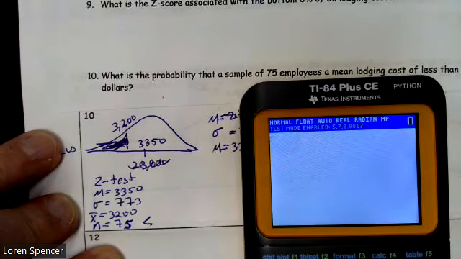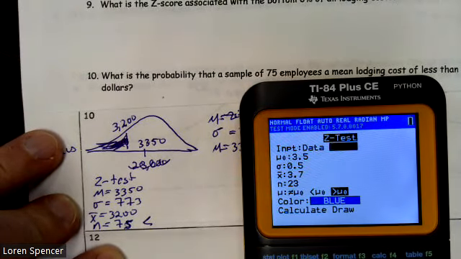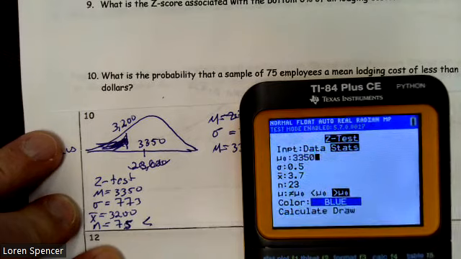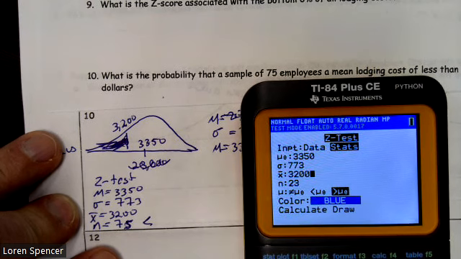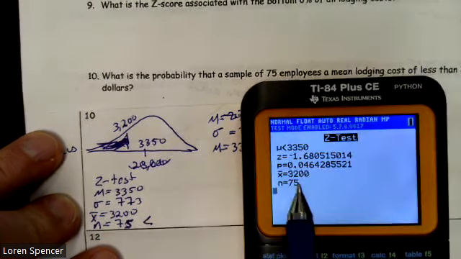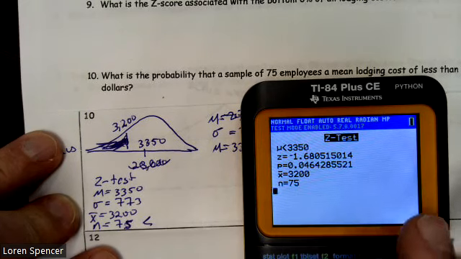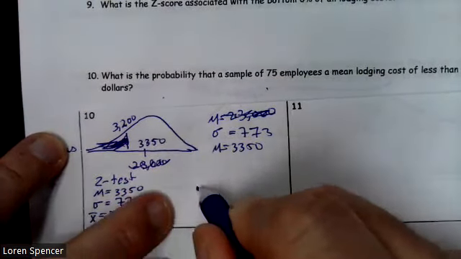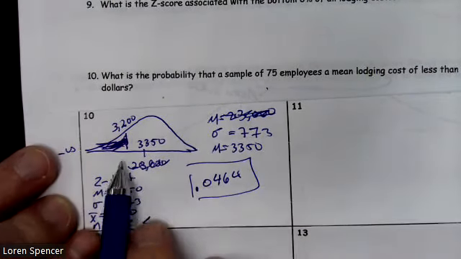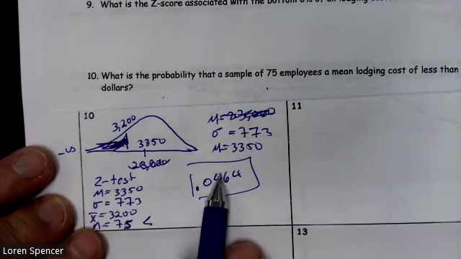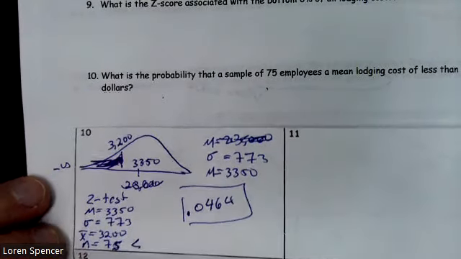So, stat test, z-test, mean 3,350, standard deviation 773, X bar 3,200, sample size 75, shading to the left, and we end up getting 0.0464. So the probability that it's less than 3,200 for a sample of that size would be 0.0464.